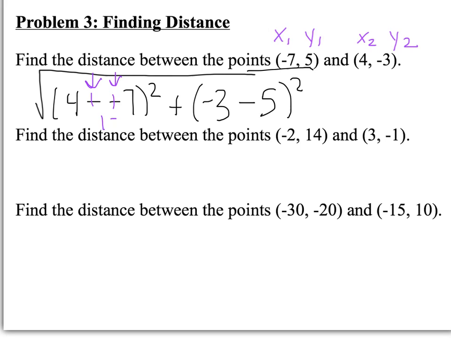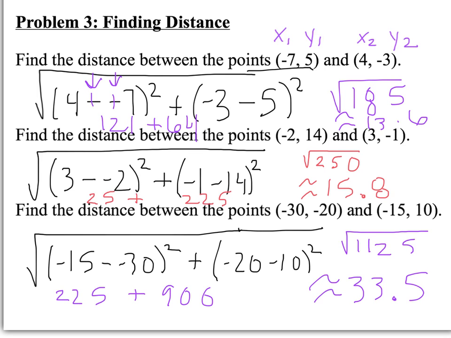So that's 121 plus negative 3 minus 5 is negative 8. That squared is 64. When you add those together, you get the square root of 185. If you put that into your calculator, that is roughly 13.6. You should pause the video and attempt to find the distance of the next two problems.